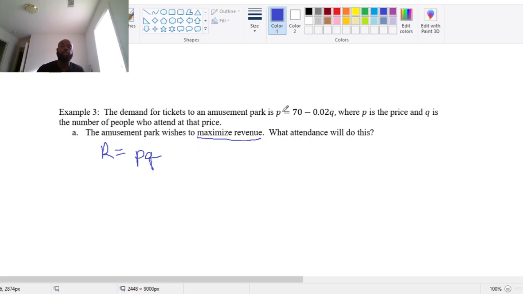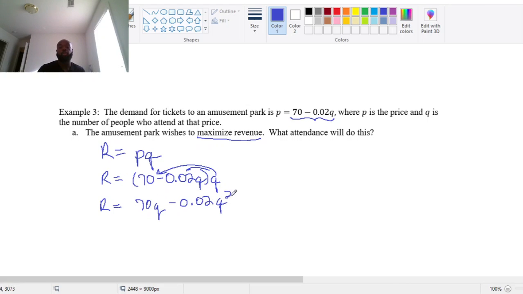And so what we're going to do is, since P equals this from our demand equation, I can always replace P with 70 minus 0.02Q because they are equivalent things. And so this will allow us to rewrite our revenue function in terms of just one variable. I can use my distributive property and I get R equals 70Q minus 0.02Q squared.